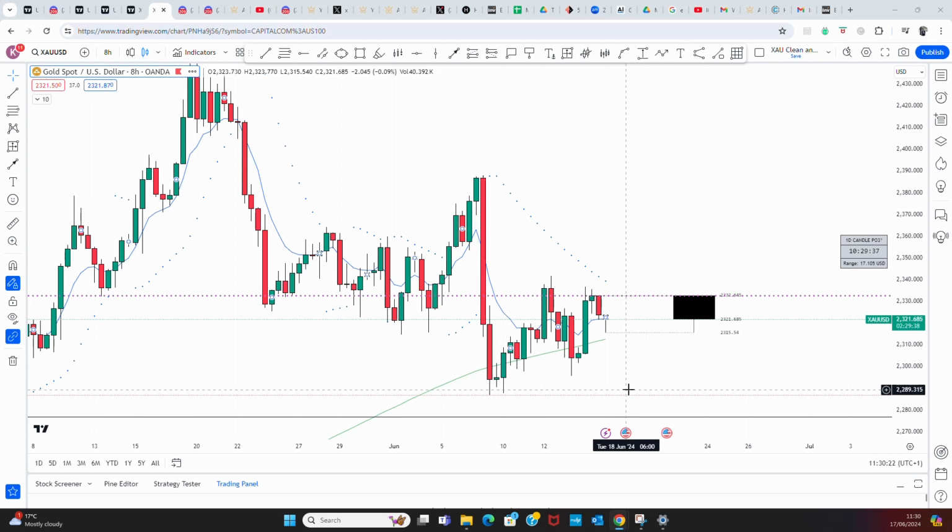Now to aim at the 2358, 2357 order block.